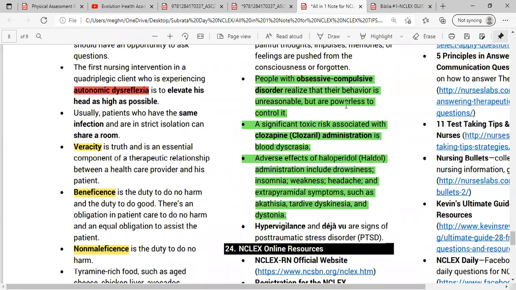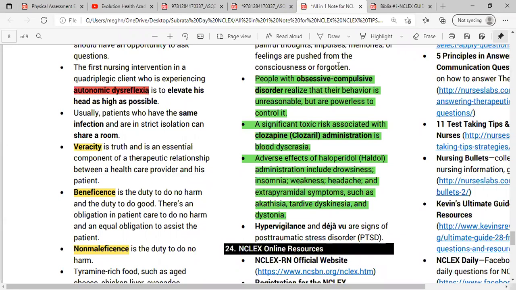So now go here. Powerless to control it. This is the key: obsession and compulsiveness. So they have a high need for routine in life. Set some limits, but do not interrupt their compulsive act.